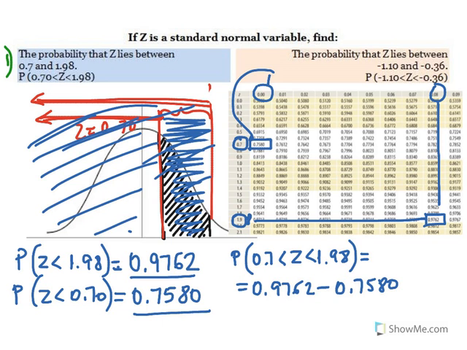That's what we want. Okay, and that's going to be equal to 0.1357. Okay, so this probability here will be 0.1357.